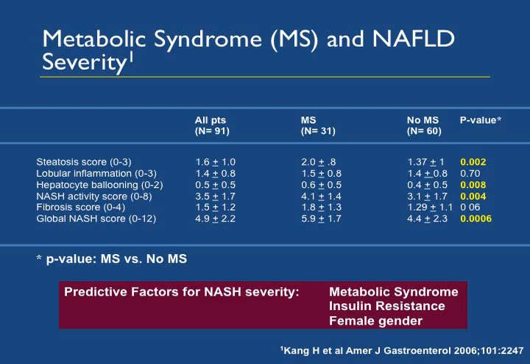Since there are so many patients that we see in the clinic who have NAFLD, if you're trying to make a decision about who we should biopsy, again, a simple way of assessing these patients is to see if they actually meet criteria for metabolic syndrome. And if they do, you can be confident that they may have more severe liver disease, and in those patients, consider offering a liver biopsy.